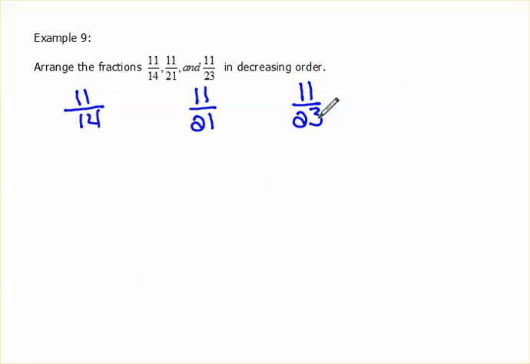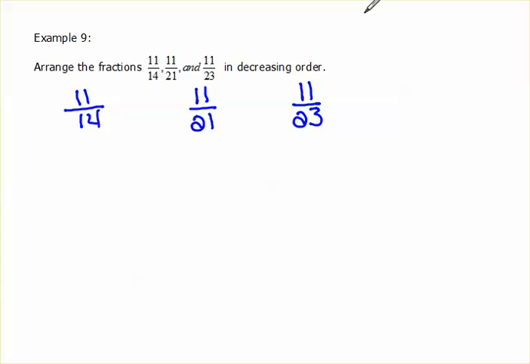So we're going to have to figure out our common denominator here, which might take us a little while. In this case, we may want to use the prime factor tree in order to be able to make it a little bit faster.